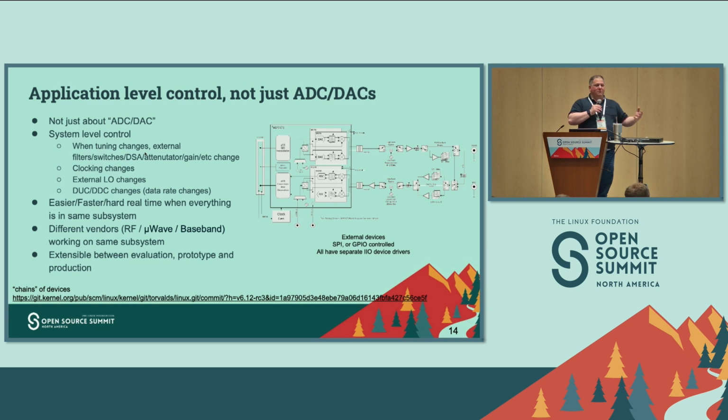So it makes it much, much easier and much faster because everything is just a single system call, and then everything happens automatically from there. So by having different vendors, because your embedded systems are not typically made from a single vendor, all working in the same subsystem, you can chain these things together and they all work from a common framework, which makes it much more powerful.